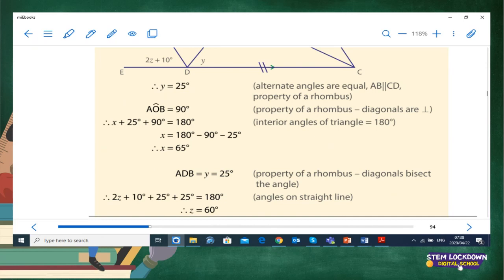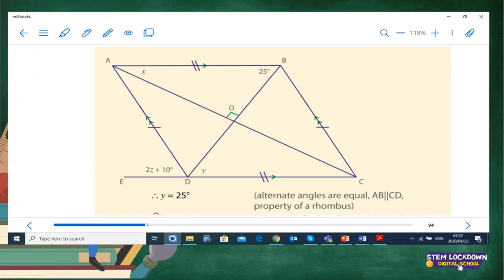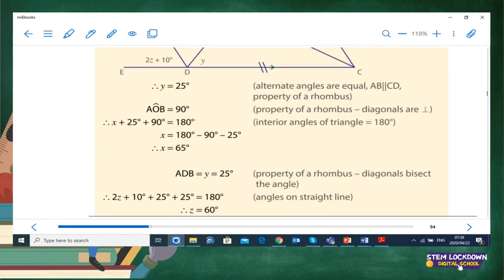And of course, the last one will be to find the value of Z. In order to find Z, again, we are talking about alternate angles. Remember that we have now found 25 degrees as the value of Y. If you add 2z plus 10 plus 25, which is the value of Y, plus another 25, you get 180 degrees.